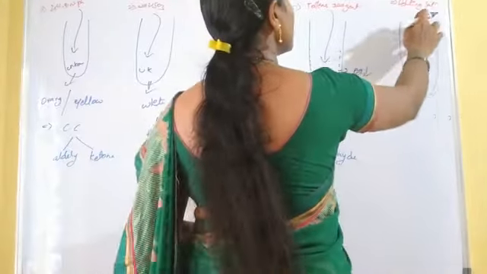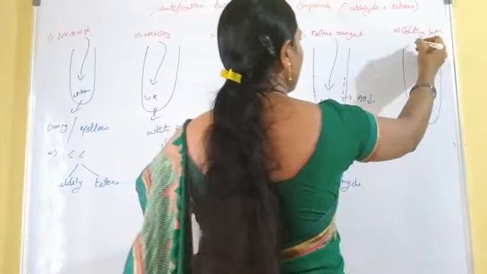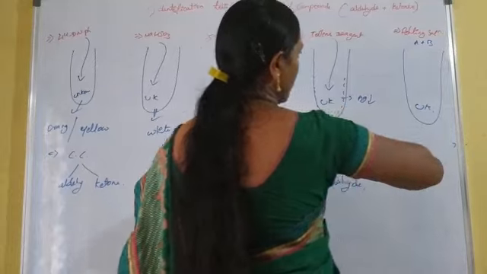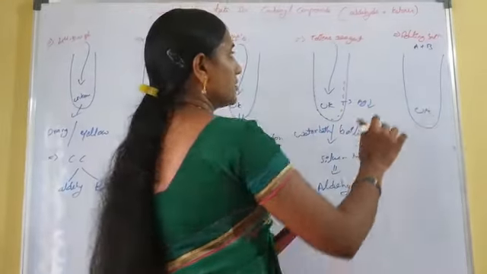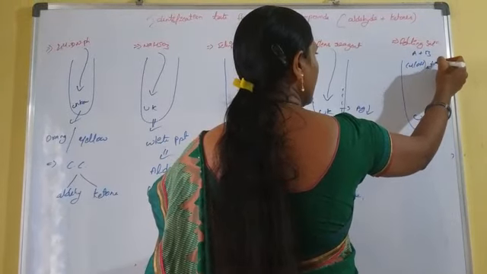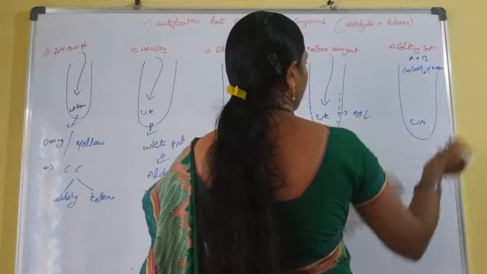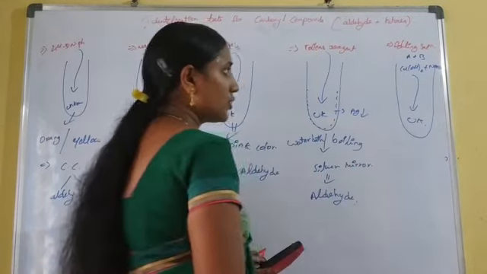Fehling solution is a combination of two solutions, Fehling A and Fehling B, containing copper in the presence of a basic medium. The Fehling solution is added to the unknown solution.